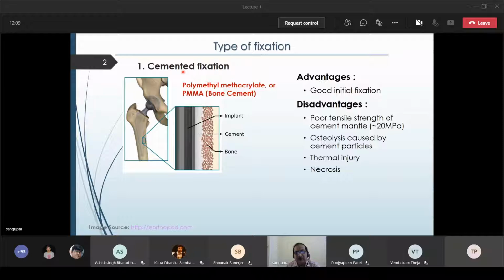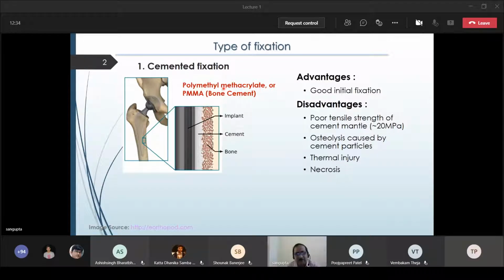Now, when we talk about cement, the material that is used to fix an implant to the bone is bone cement. And it is actually a polymer. Okay, its short form is PMMA, and the full form is polymethyl methacrylate.